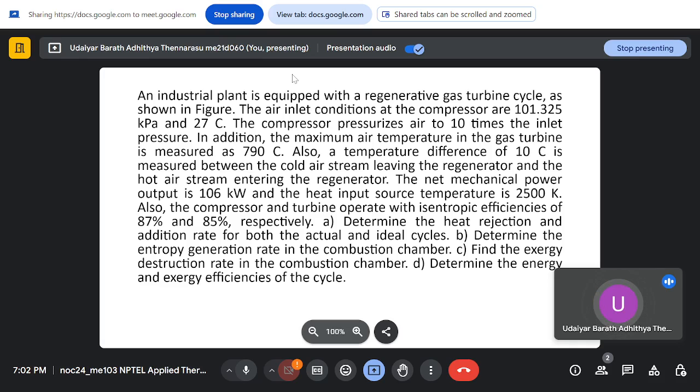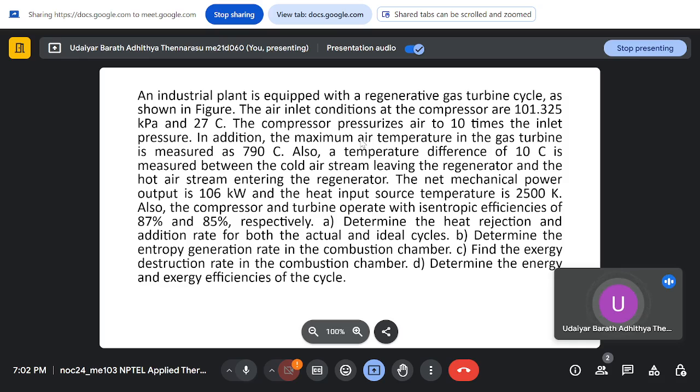Determine the entropy generation rate in the combustion chamber. Find the exergy destruction rate in the combustion chamber and determine the energy and exergy efficiency of the cycle. So what is given, we will go one by one.